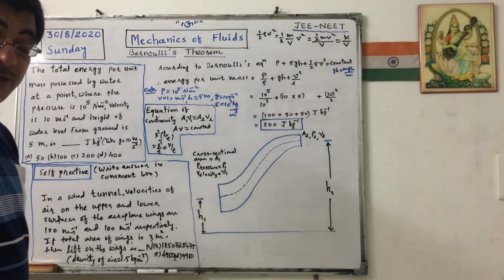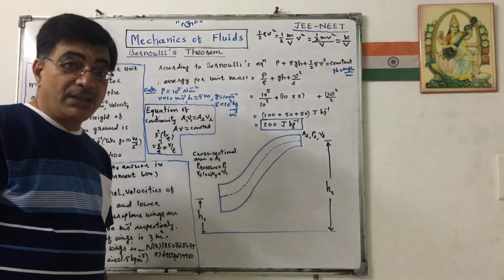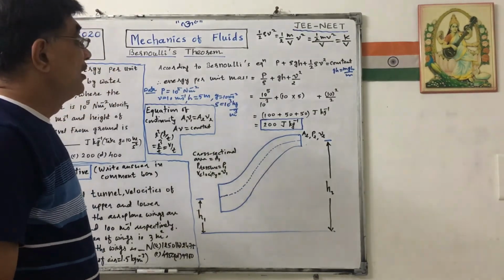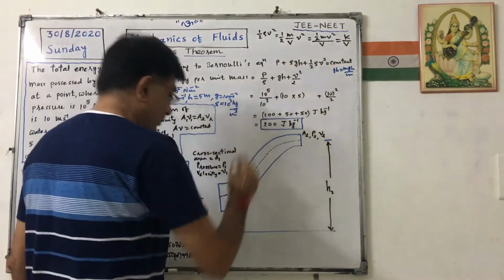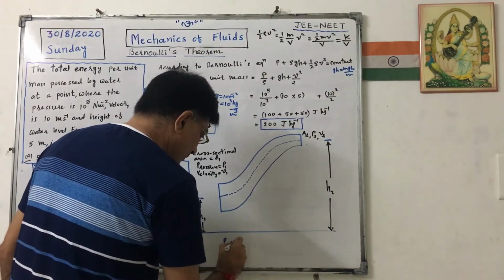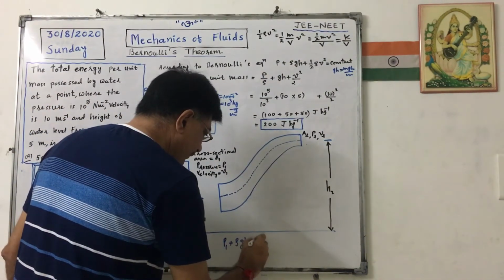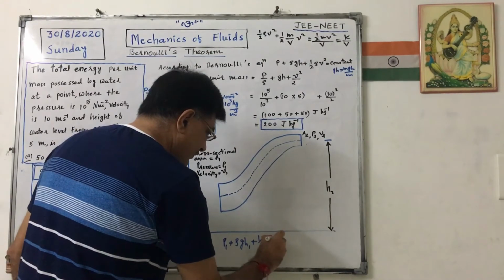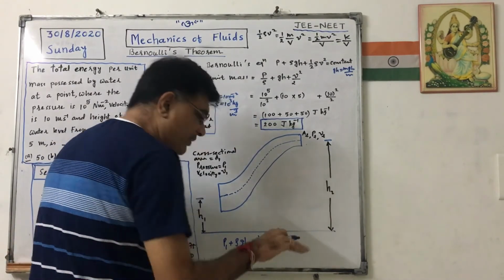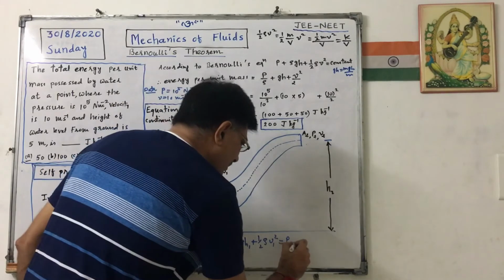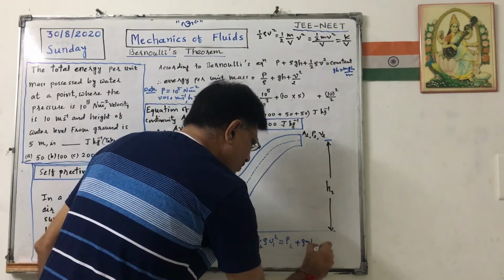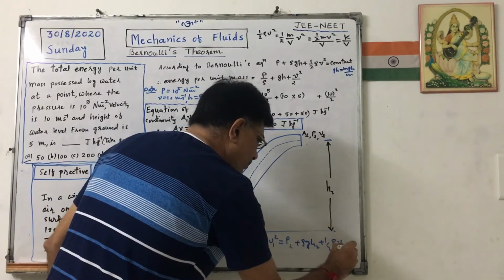You will have to apply this equation: P1 plus rho g h1 plus 1 by 2 rho v1 square equals P2 plus rho g h2 plus 1 by 2 rho v2 square, because of the upper part and lower part.